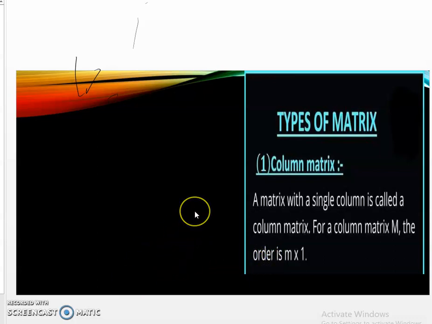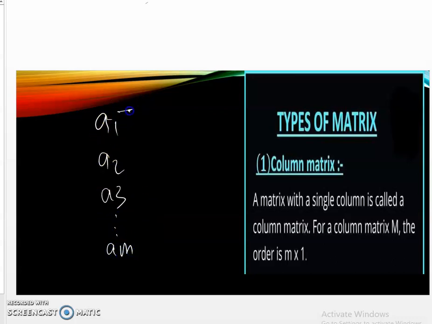Let me give you an example of a column matrix. We have a column matrix in this form: A1, A2, A3, up to Am.